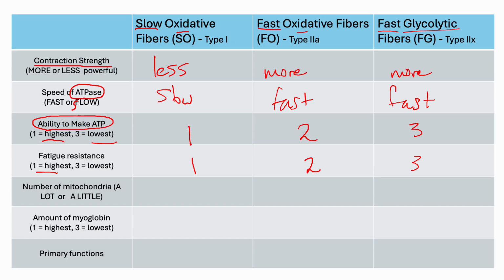All right, now the mitochondria. Remember, if aerobic respiration is the way they make ATP, then they need lots of mitochondria to do that. The oxidative fibers are those that are using aerobic respiration. So this would be a lot, both of these. Whereas our glycolytic fibers don't need as many mitochondria. They're making ATP in the sarcoplasm.